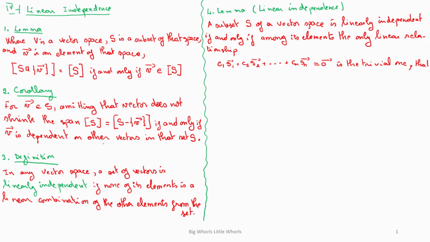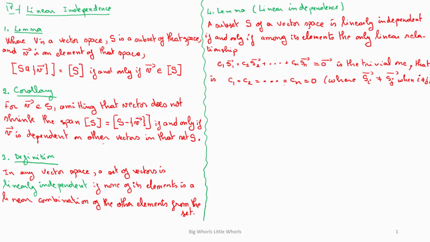That is, c1 equals c2 equals ... equals cn equals 0, where si is different from sj when i is different from j.